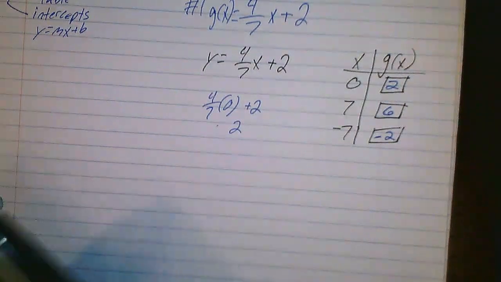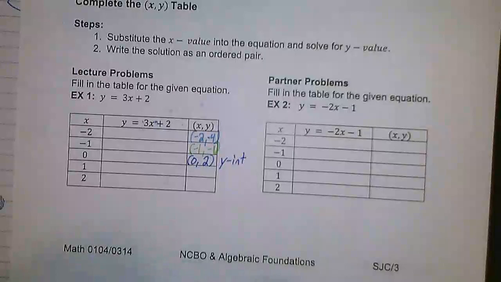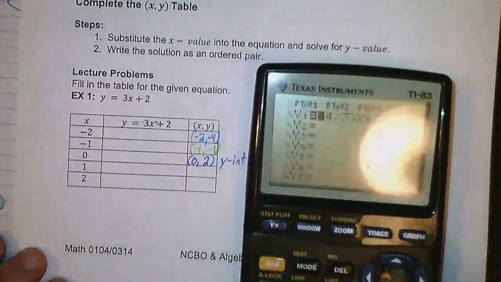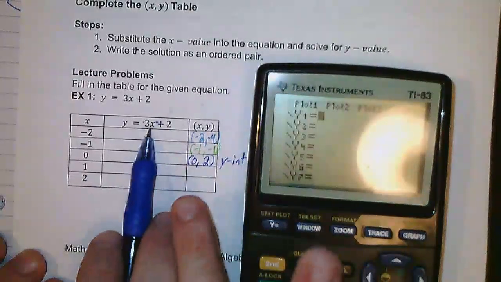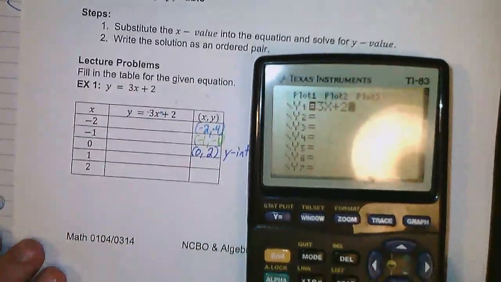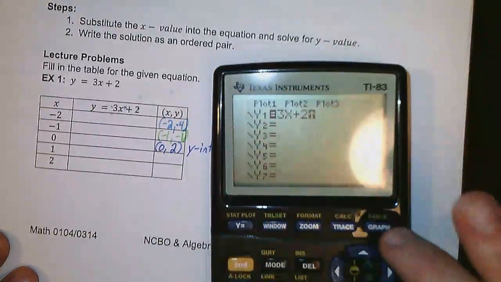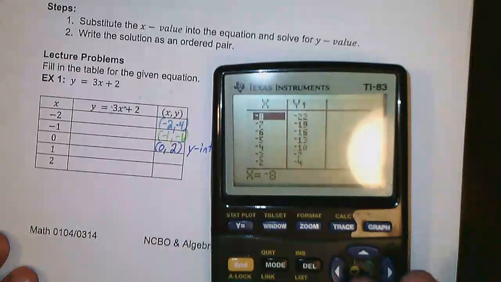So, let me show you real quick. Without thinking about it as a graph, just thinking about what we have in front of us here. Let's take 3x plus 2 into my y equals. And now I hit second graph.